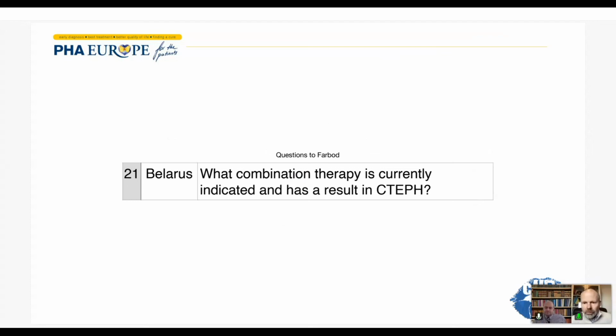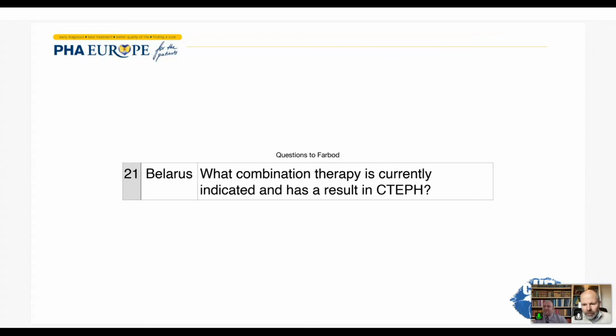Belarus, what combination therapy is currently indicated and has a result in CTEPH? Yeah, so one of the 2 articles I posted is actually one of the few papers that looks at combination therapy. I think that the general wisdom is, because CTEPH is a small disease within a small disease of pulmonary hypertension, it's not like there's thousands and thousands in each country.